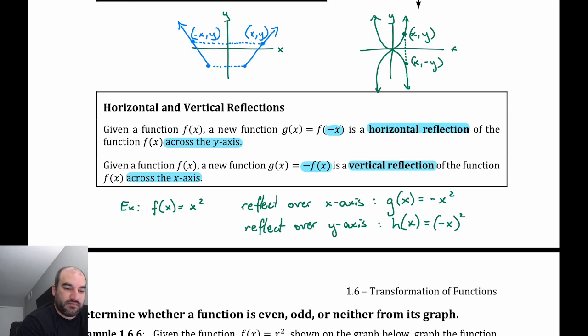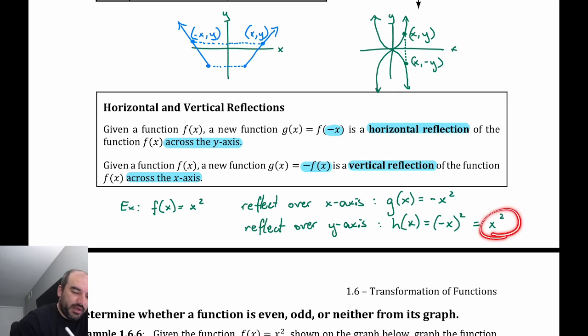Is h of x equal to f of x? Yeah, why? Because after you square it, it'd be the same values. Good. If you square negative x, this is a -1 technically in here, -1 times x. And if I square the -1 and I square the x, the -1 squared is just going to give me +1, and we end up back at x squared here, which is the original function.